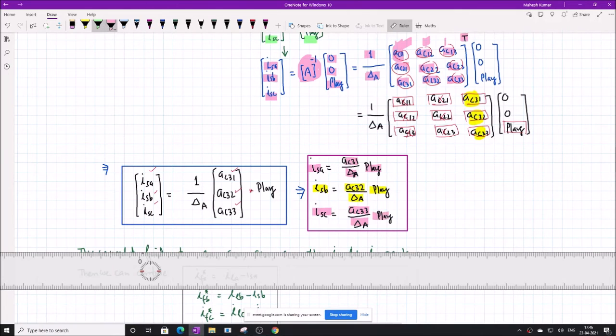So if we can solve the determinant of this A matrix and the cofactors AC31, AC32 and AC33, our problem is solved. Therefore, we need to compute the determinant of A matrix and the cofactors AC31, AC32 and AC33.